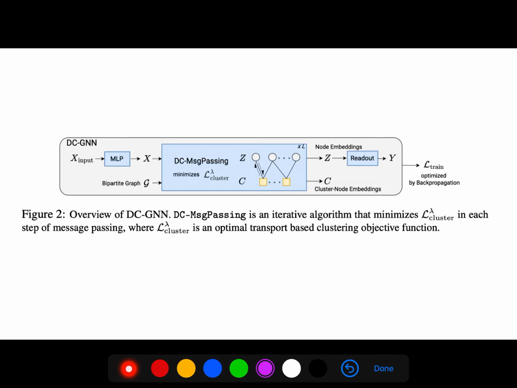C is the cluster node embedding, and Z is just the node embedding that, through a readout, we use for classification. So this minimization is just the optimal transport-based clustering objective function.